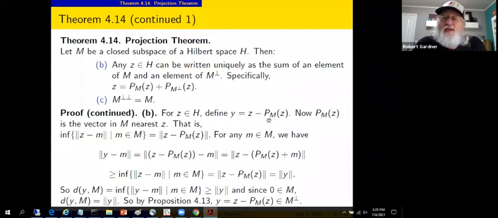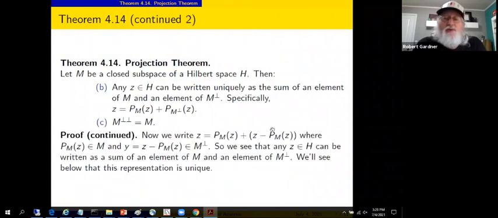We had Y equals Z minus the projection onto M. So we can take Z and write it as Y plus that projection. So Z is Y plus that projection, and this is the Y parameter here. So we just rearrange the very definition of the symbols of Y. And we showed that that Y was in the perp space.